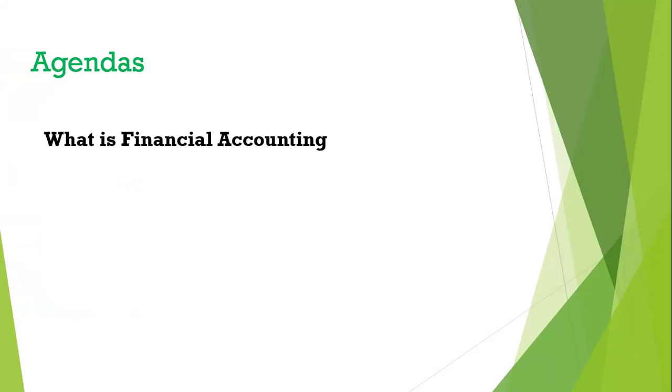Let's look at those agenda items as we give more examples of financial accounting, and we will look at how we can apply this information in our stock market journey or investing.